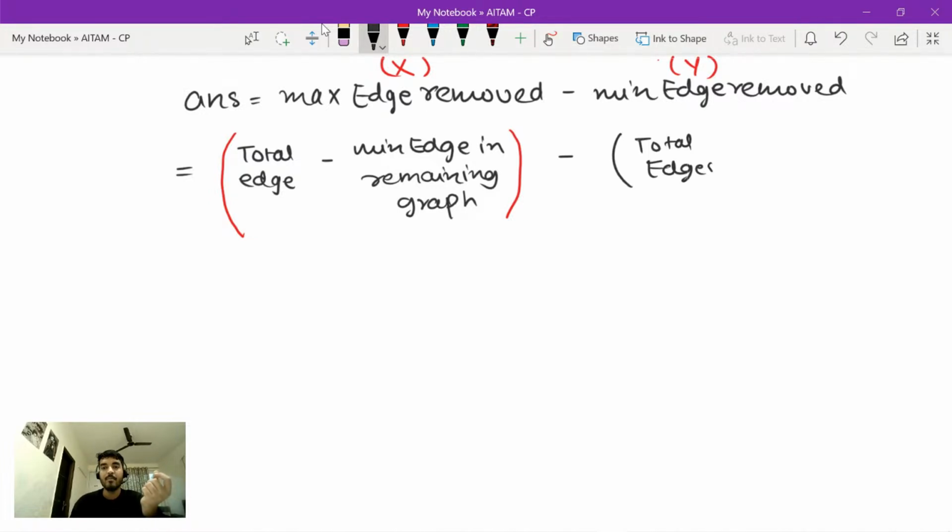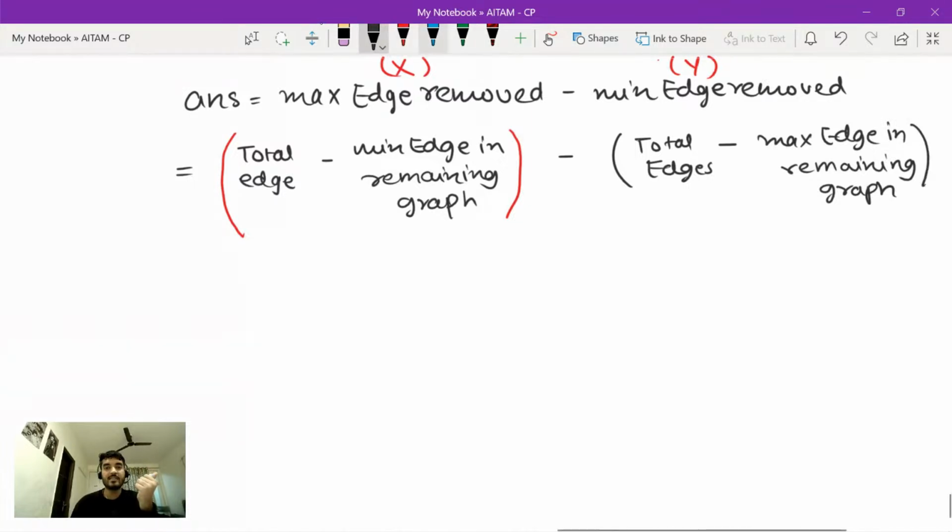And this can also be written as total edges minus maximum number of edges in the remaining graph. Because if you have now the maximum number of edges, then this simply means you have removed the minimum number of edges. A very straightforward idea.